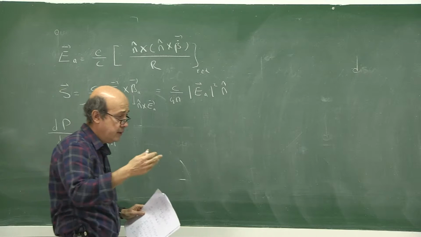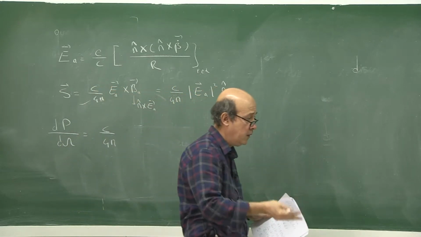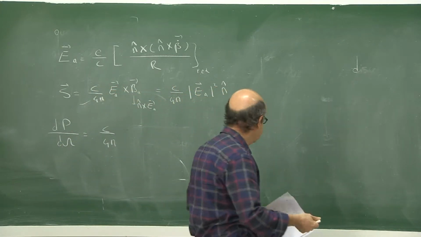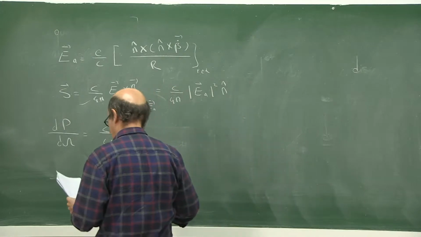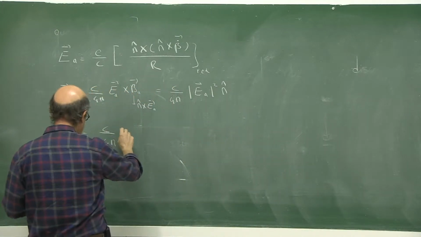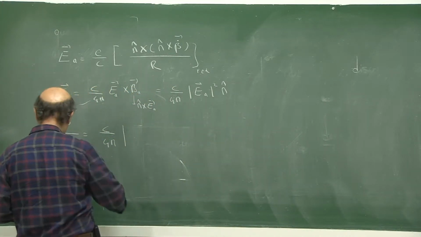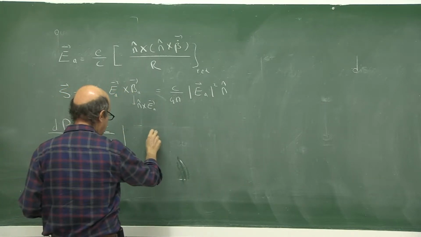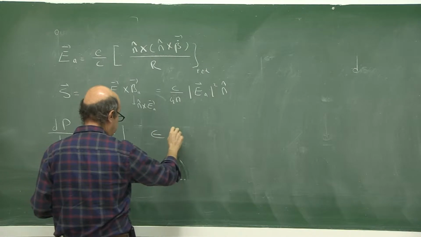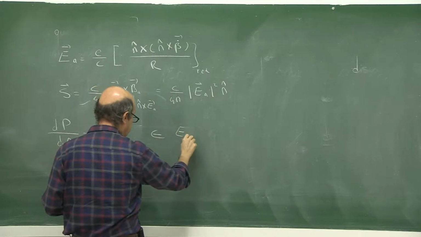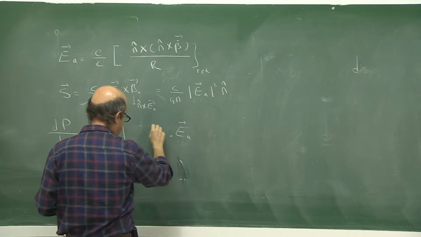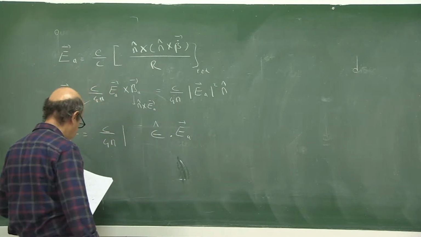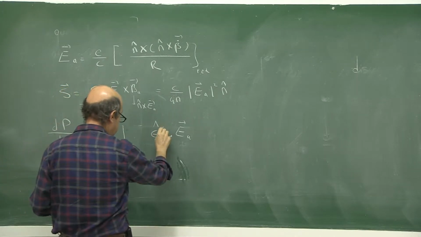But generally, the incident wave will have some polarization, and you can take this into account in the definition of the power emitted per solid angle in the following form. So you can take the projection of the electric field along the polarization. We put a star.